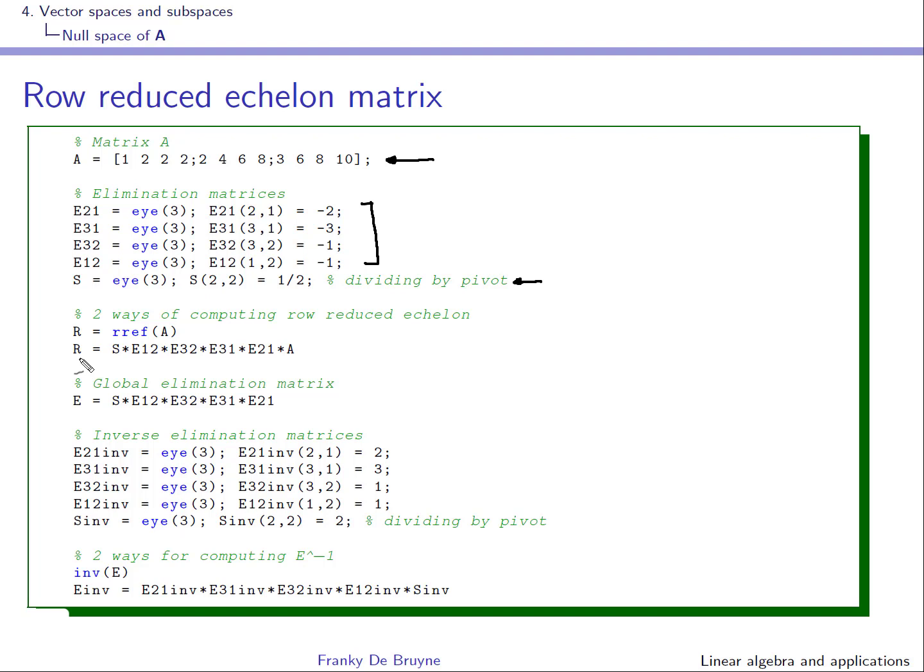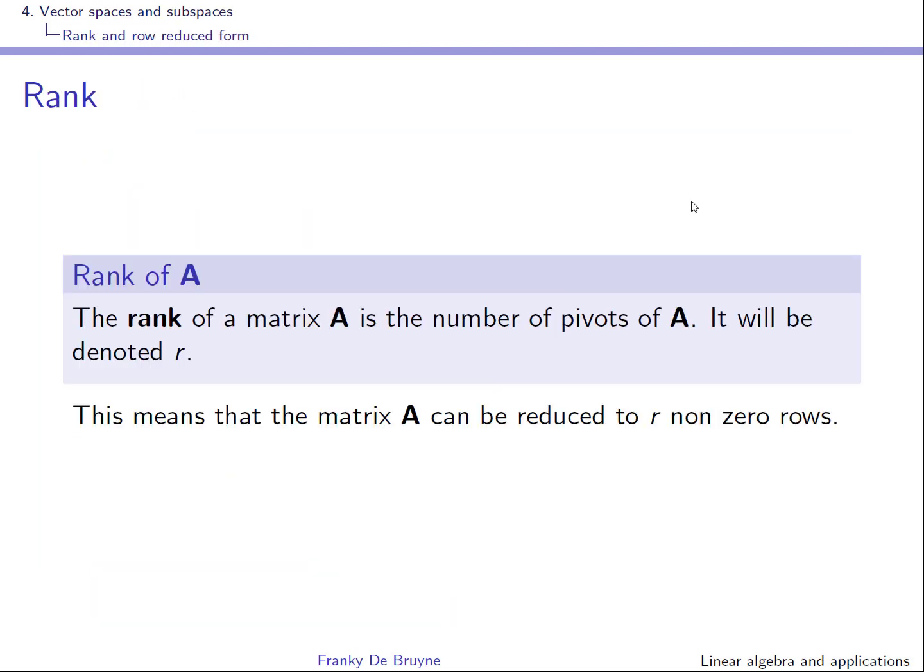This will produce the row reduced echelon form, and if you use the MATLAB command rref, row reduced echelon form, then of course you also obtain this matrix R, and this can be used to check things. The remaining code here is to compute the elimination matrix and its inverse. The rank of a matrix is the number of non-zero pivots of that matrix, and it will be denoted R.